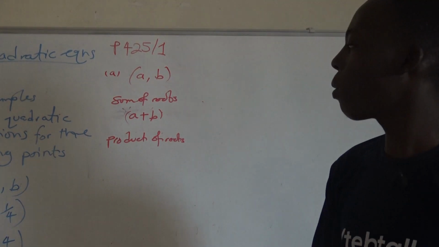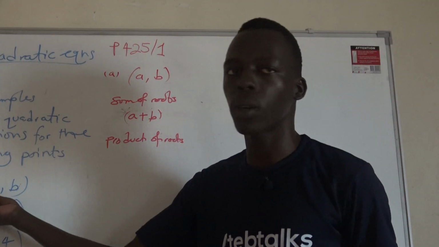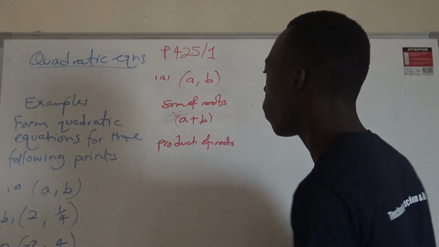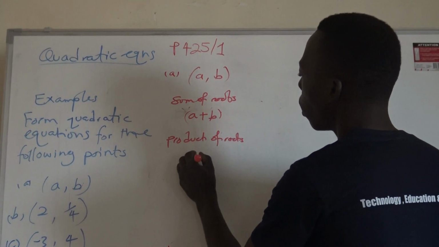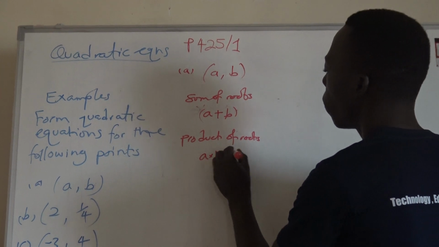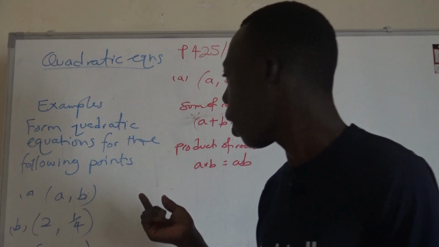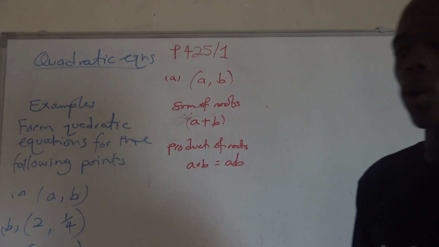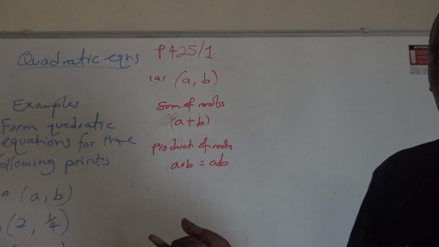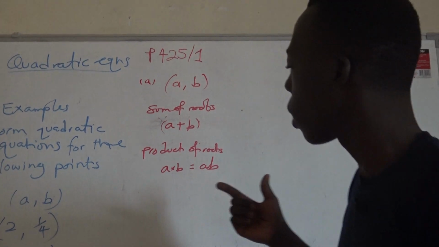Now, getting the product of roots, we are just multiplying this one times this. So for this case, it will be A times B, which will give us AB. So that one will be our product of roots. So when you're getting a quadratic equation, we have to get a formula.